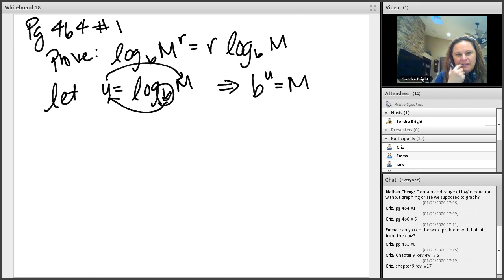I feel like that's not right. Hold on. I don't want to mess it up. I could stumble through it and figure it out, but this was page 464. So I feel like that's not how you start it.